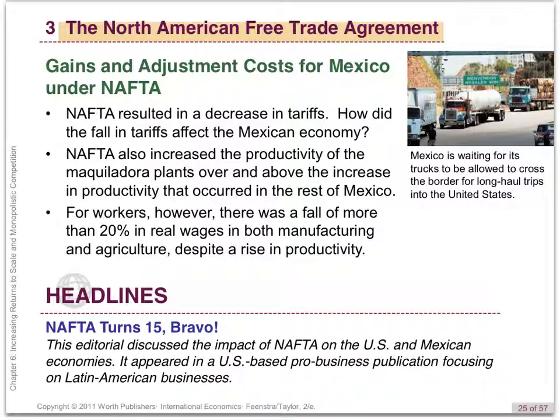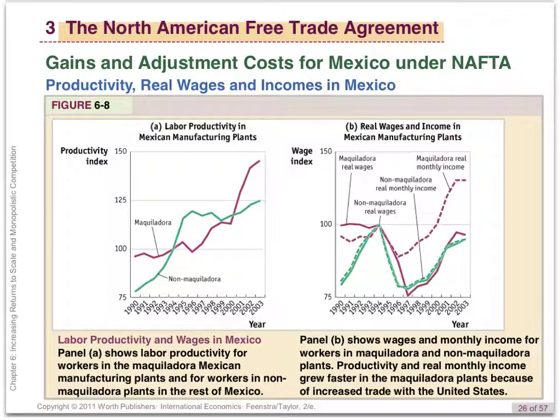That's called the maquiladora industry, and there was quite a boom, and that created overall gains for Mexico after NAFTA. So the textbook supports free trade with NAFTA, even though some other people say that this is bad for this country. Some maquiladora are firms along this borderline, and firms that are non-maquiladora are different things.